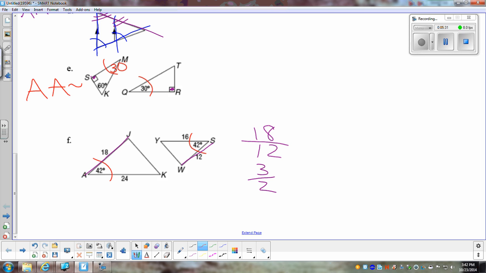The big side of my big triangle is 24. The big side of my little triangle is 16. And again, I get 3/2. So these are proportional. So these two triangles are similar by side, angle, side similarity.